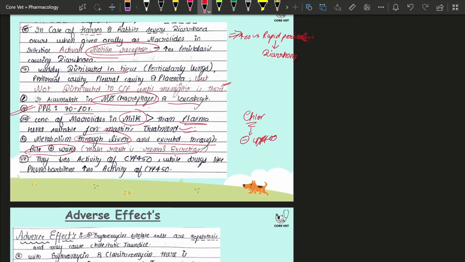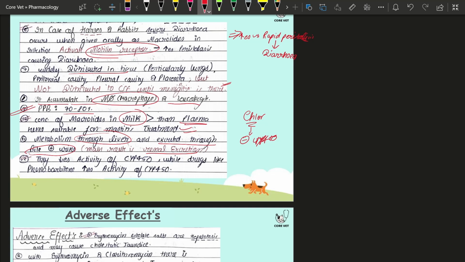So obviously if a certain drug inhibits cytochrome P450, what will it lead to? It will lead to accumulation of the drugs that are metabolized by that particular cytochrome P450 enzyme, right? I had discussed this concept in chloramphenicol also.